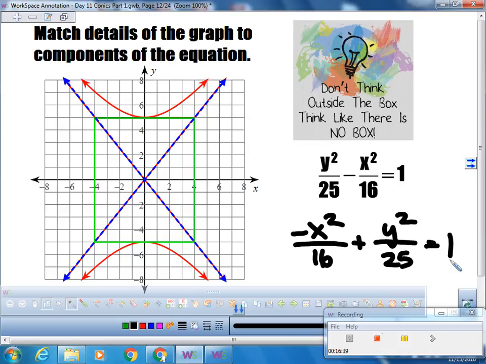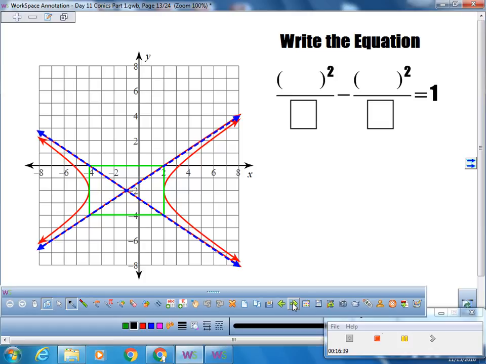Because your branches could go vertically even if this number is smaller. Like I could switch these numbers and still put that y squared in front, and it would still be going vertically. I'll give you guys an example. Okay. So I'm going to go ahead and do this one really quick.